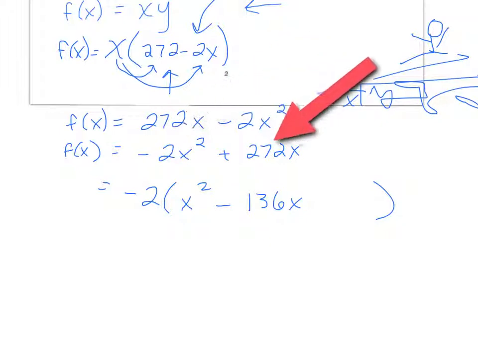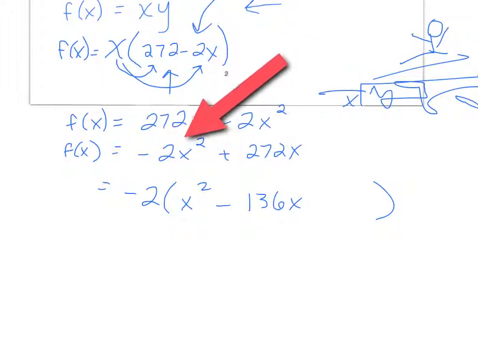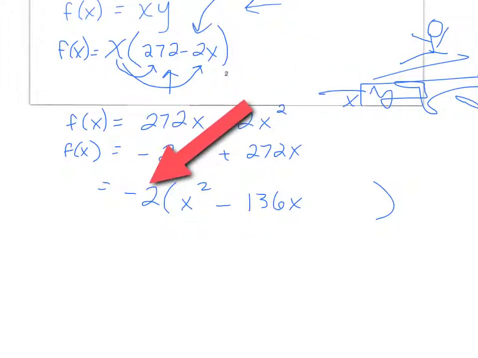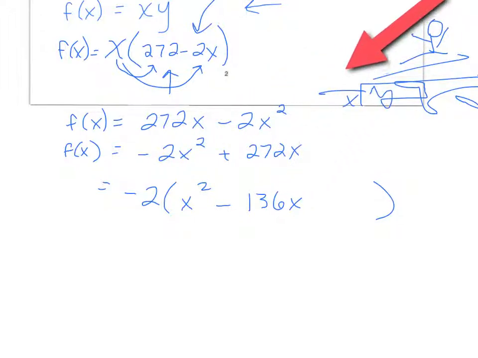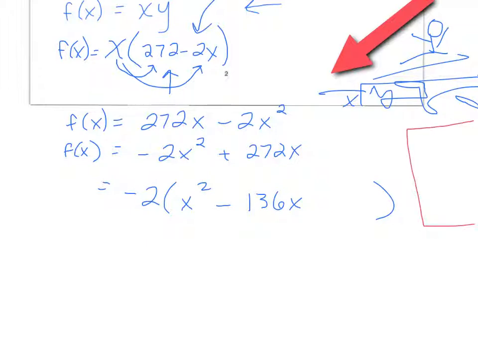Don't do anything off to the side until you take that -2 out, which means you've divided both of those by -2. That's how you get -136. Now you're going to do your off to the side steps. So -136 divided by 2 gives me -68. And then you're squaring that, boy, 4624. Okay. And so I'm adding that right here.